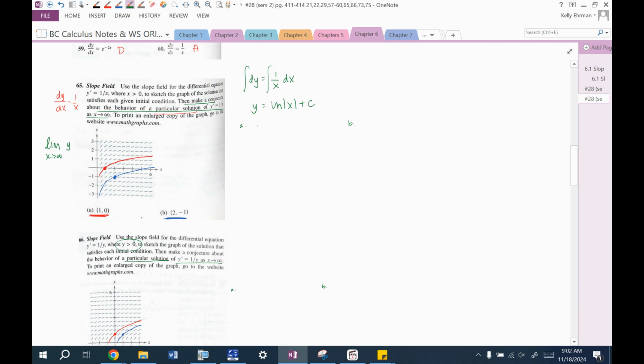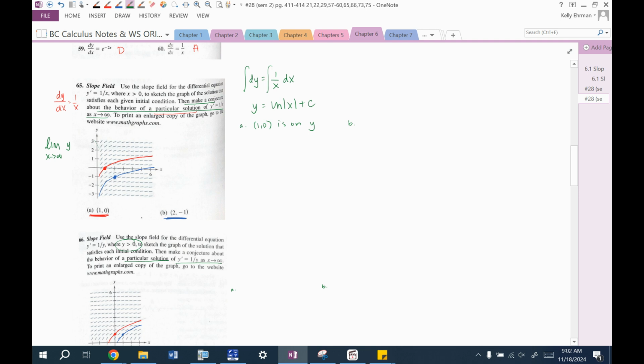Now find the particular solution. For the first one, (1, 0) is on dy/dx, but if we know that point is on there, then we know it's also on the graph of y, right? Because remember, this is the particular solution. This is the y equals. This looks like a natural log graph, and this is the point that it goes through.